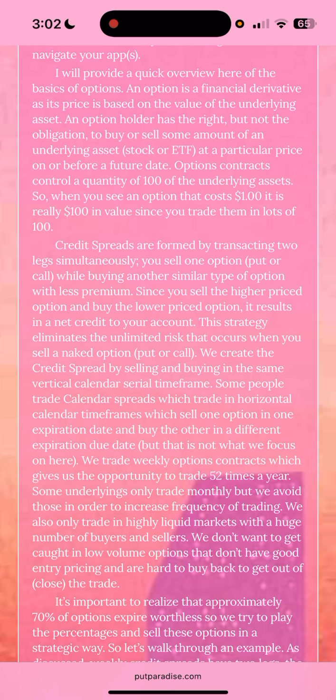QQQ is a basket of about 100 different stocks. These are high-tech stocks. These are highly liquid stocks, and they're very common names, Apple, Amazon, names like that. So the underlying, in this case, is QQQ. The option is what you believe QQQ is going to do price-wise within a given amount of time.